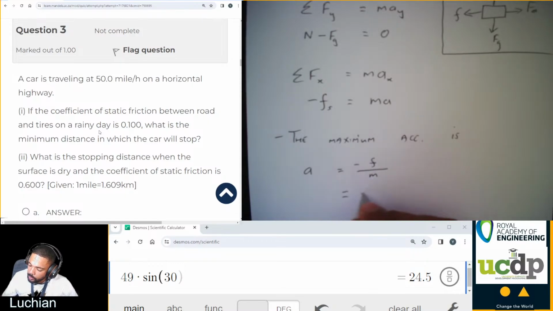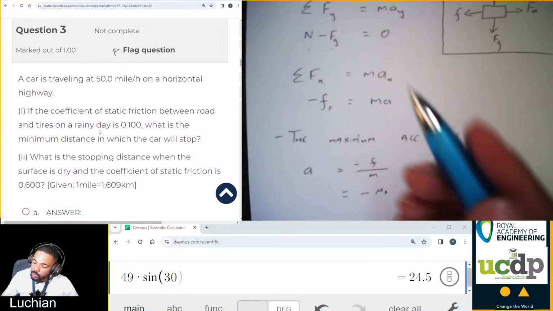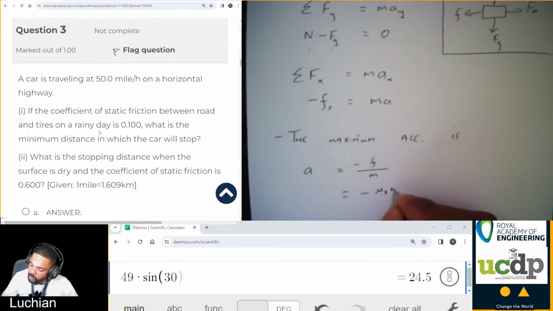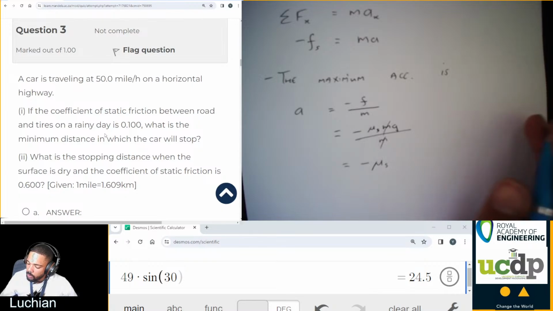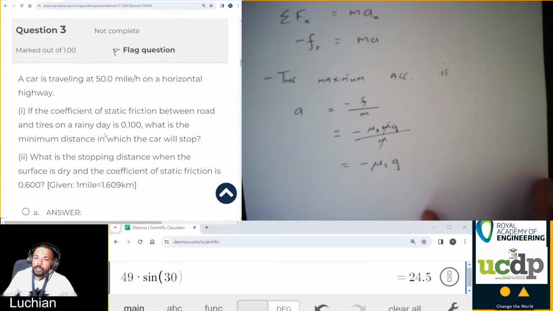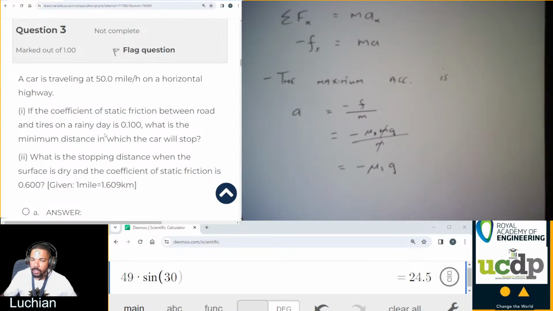Now how do you get the force of friction? It's mu s times the normal force, and in this case the normal force is equal to the weight, which is mass times gravitational acceleration, over the mass. So the masses cancel, and the maximum acceleration is equal to the coefficient of static friction multiplied by the gravitational acceleration. That is the maximum acceleration that this car can have, since there is no applied force.